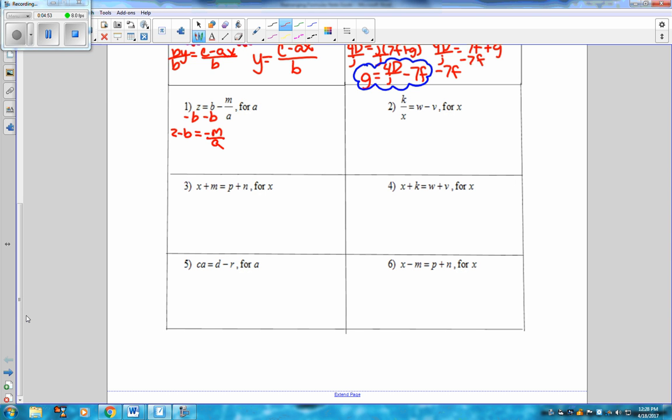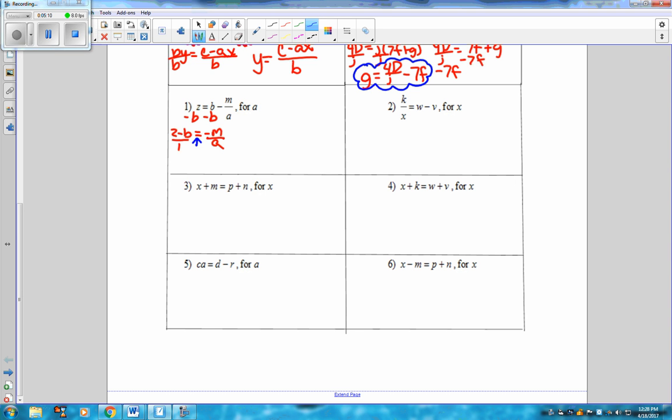If we notice, because I have this equal sign right here, I want to make sure that both of my sides are fractions. Because I have the equal sign, I can cross multiply.